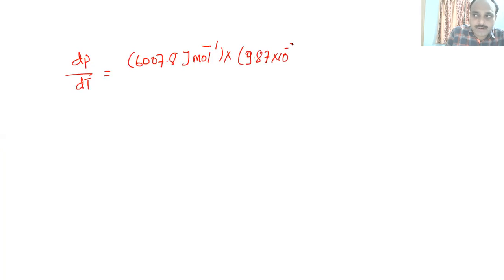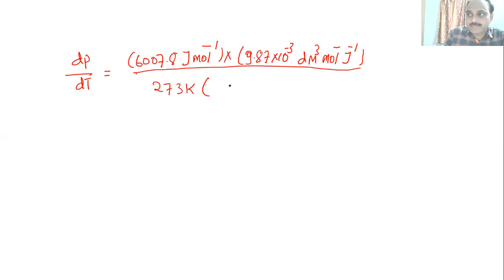I will write dP by dT is equal to 6007.8 joule per mole into 9.87 into 10 to the power of minus 3 dm cube per mole per joule, right? Divided by TF, that is 273 Kelvin.